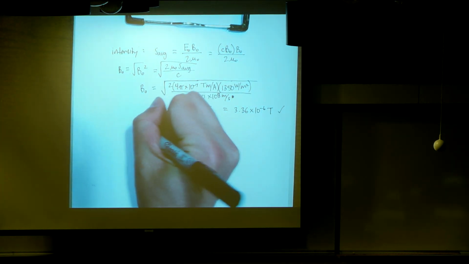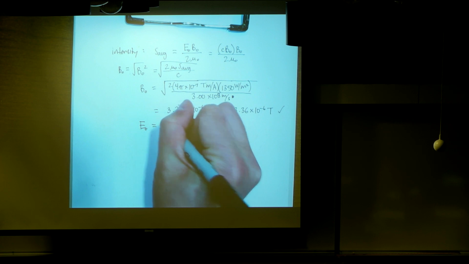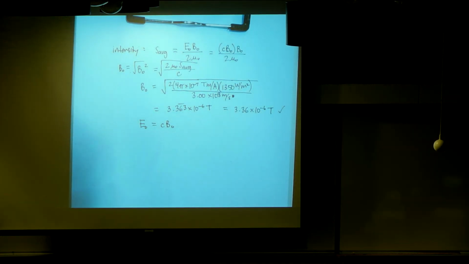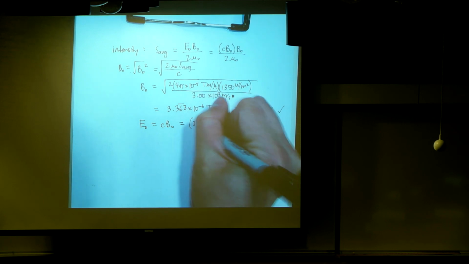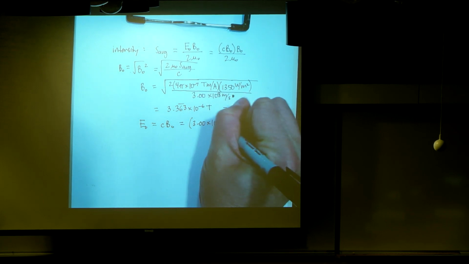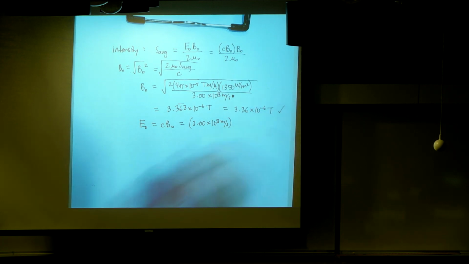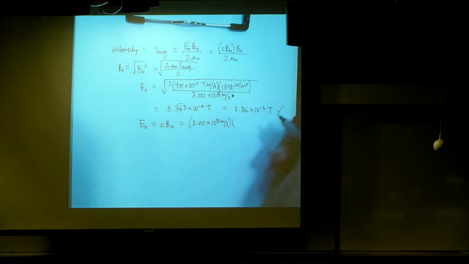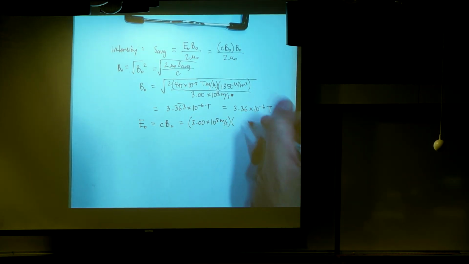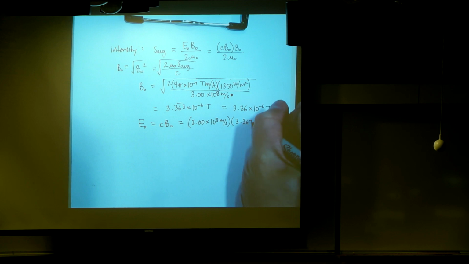The peak value of the E field is just that times c, remember? So E naught is c times B naught. So we'll take 3 × 10⁸ meters per second, and we'll multiply by this, which is B naught, 3.363 × 10⁻⁶ Tesla.